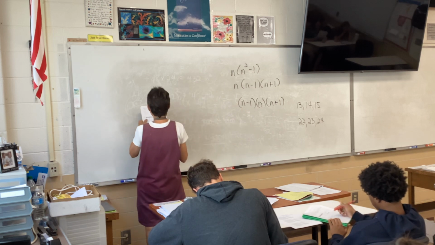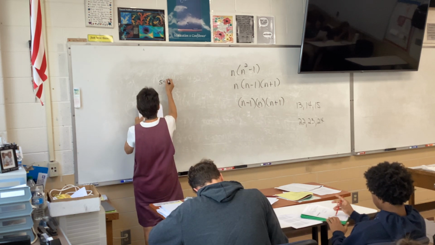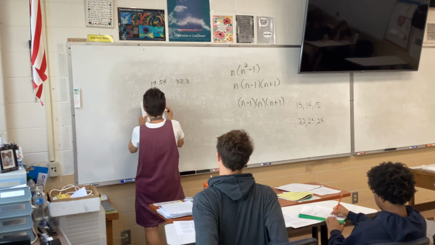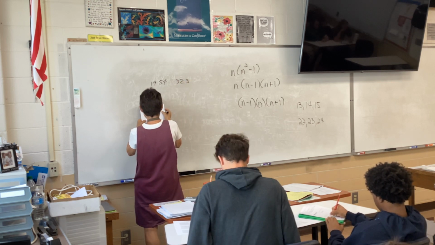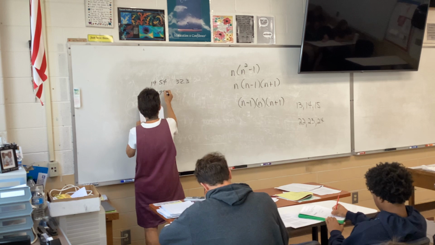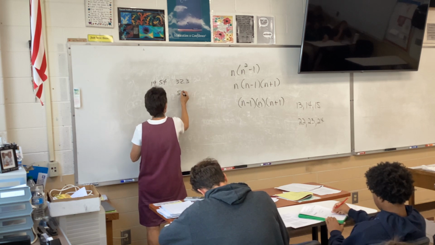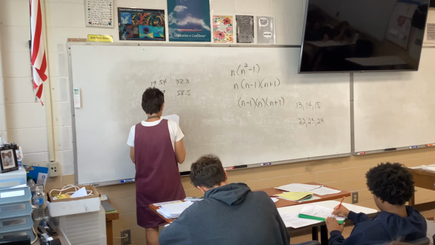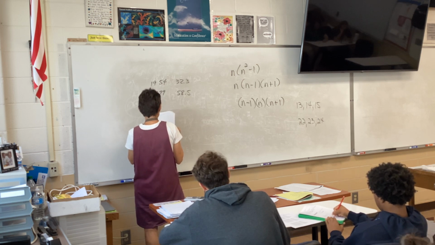Okay, so women, the 54 is 32.3, and the 99 is 58.5. So they want you to write a linear equation. You know how to do that.